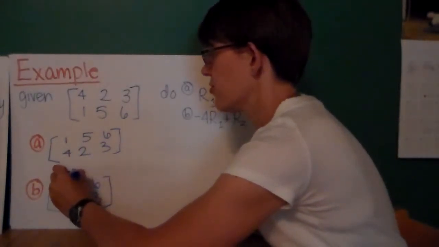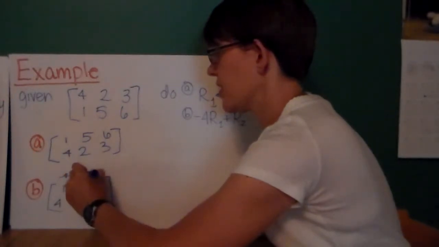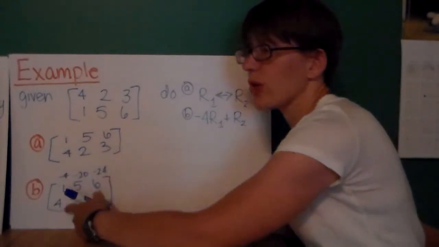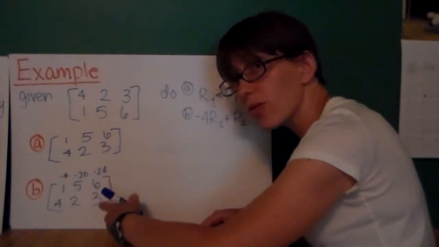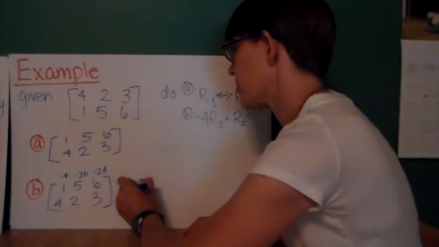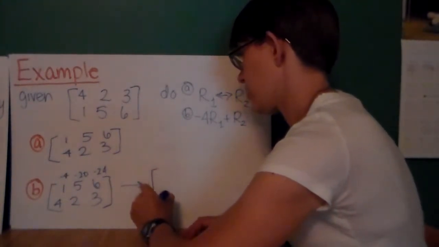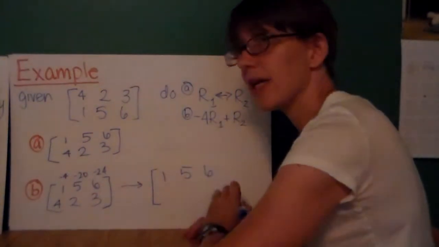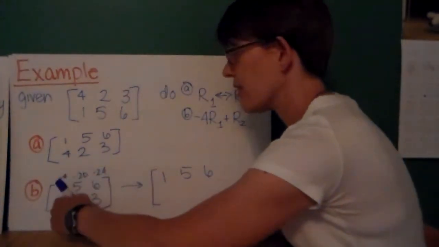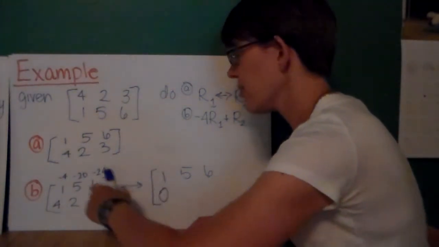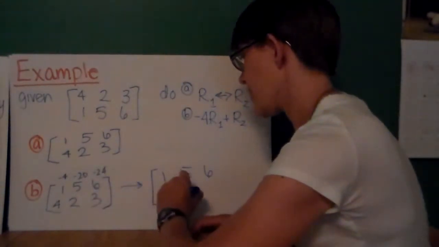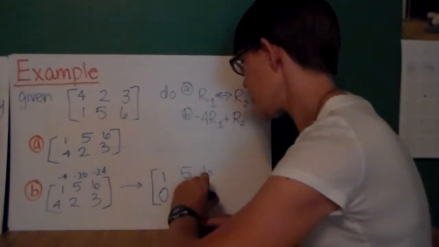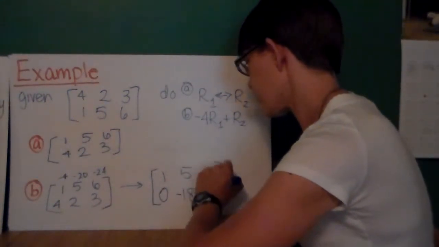So I've got -4, -20, -24. I'm going to add these numbers to what's already in row 2 and write my answer in row 2. Remember that row 1 is going to look exactly the same. So -4 plus 4 is 0, -20 plus 2 is -18, and -24 plus 3 is -21.